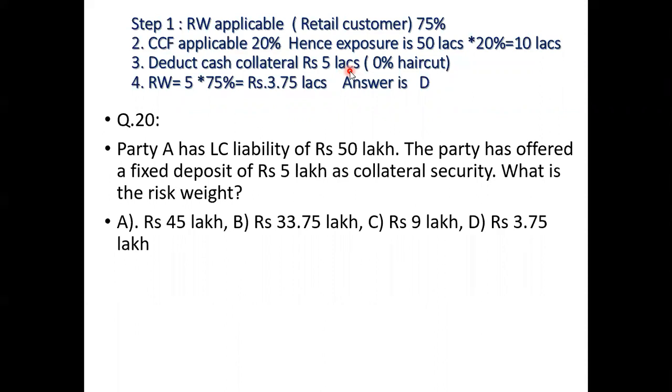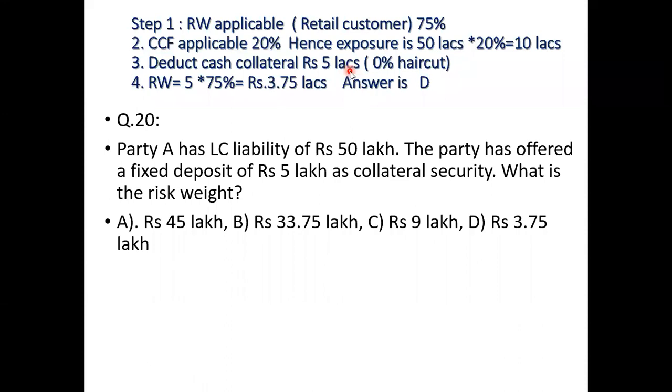I am going to share the chart with you. If the CCOD or term loan undrawn balance is expected to be drawn in the current year, the CCF is 20%. In CCOD, there is no question of next year because CCOD maximum validity is 1 year.